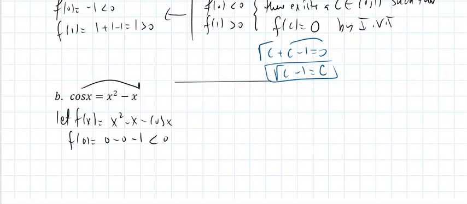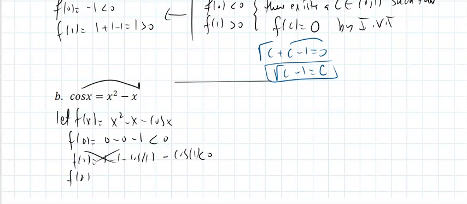That's less than 0. Very good. F of 1 is 1 minus 1 minus the cosine of x, and that is negative cosine of x. That's negative still. I'm sorry, that's x, 1. That didn't work. Okay, so no need for that.